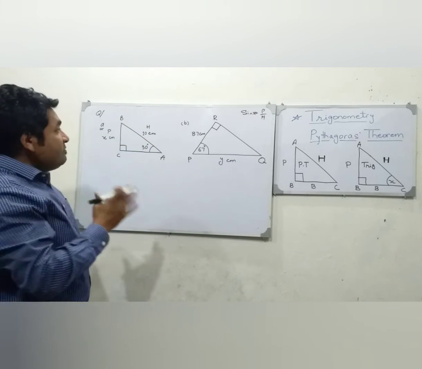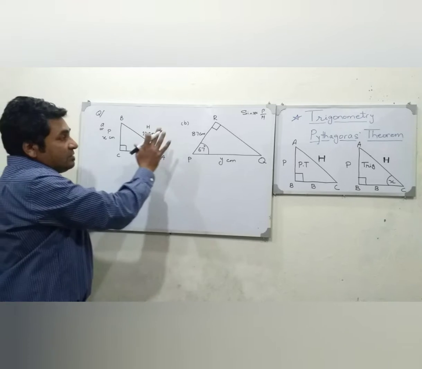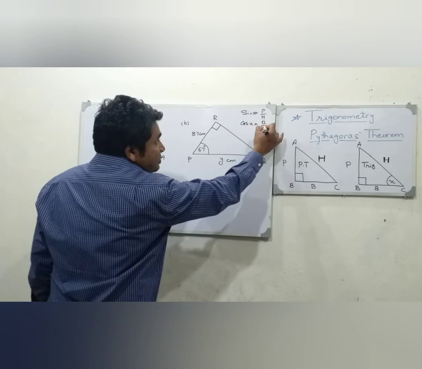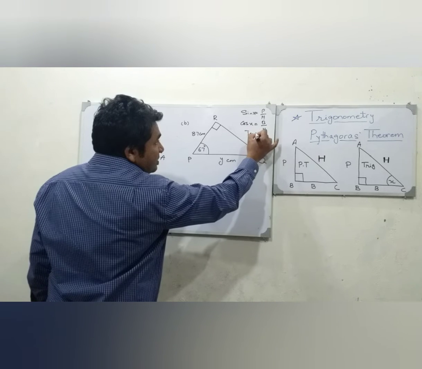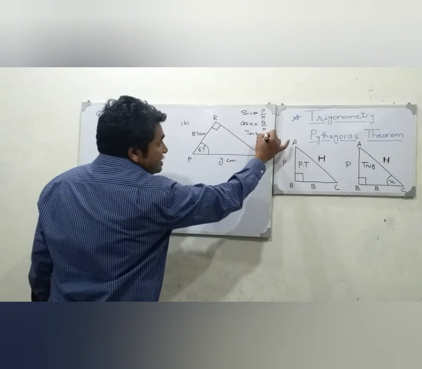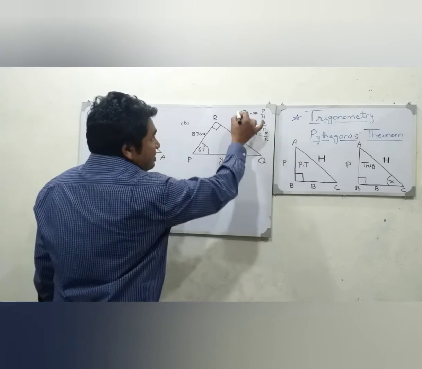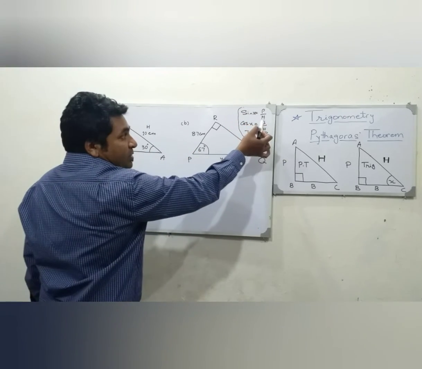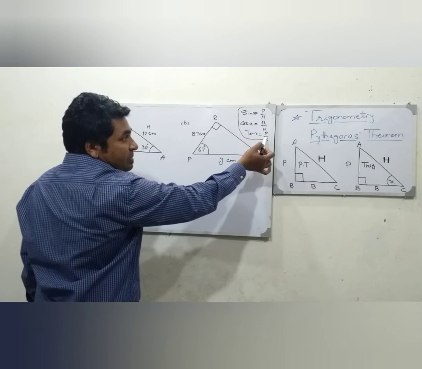So when we write down the names, then we will be able to know which ratio we have to use. Now you have three ratios: perpendicular over hypotenuse, base over hypotenuse, and perpendicular over base.